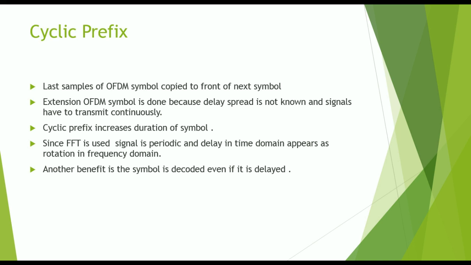It causes intercarrier interference due to non-orthogonality. So cyclic prefix is used. In a cyclic prefix, the last samples of the OFDM symbol are copied to the front of the next symbol. It helps because the extension of the OFDM symbol time period happens, which in turn helps to decode even a late appearing signal.